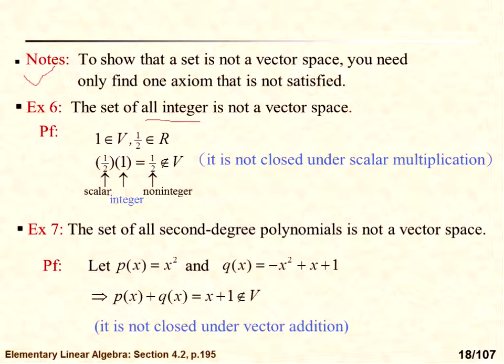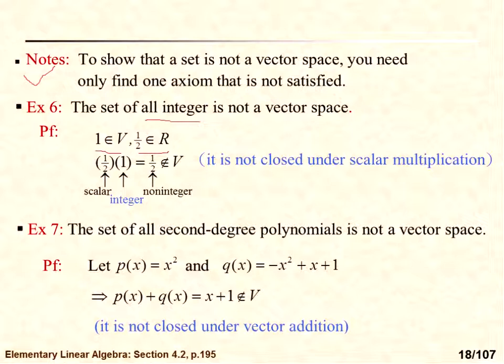The question is: show that the set of all integers is not a vector space. Do you know the meaning of integer? Integers are 1, 2, 3, 4, 5, 6, 7, 8, 9, 10 up to infinity. We take two points: one point belongs to the set, and the other point is 1 by 2.